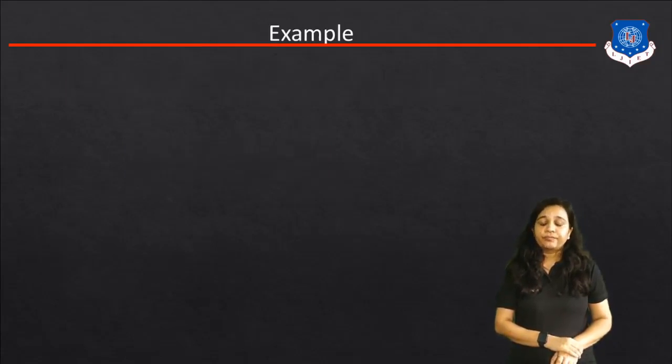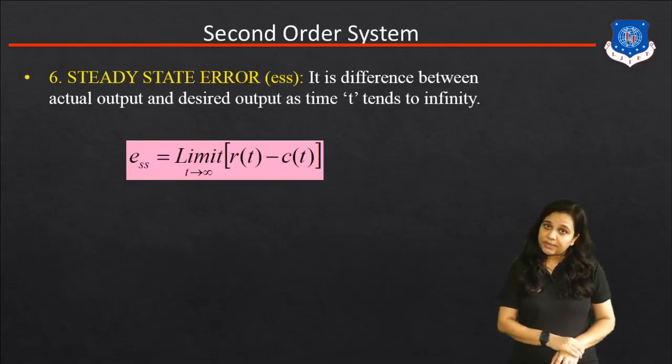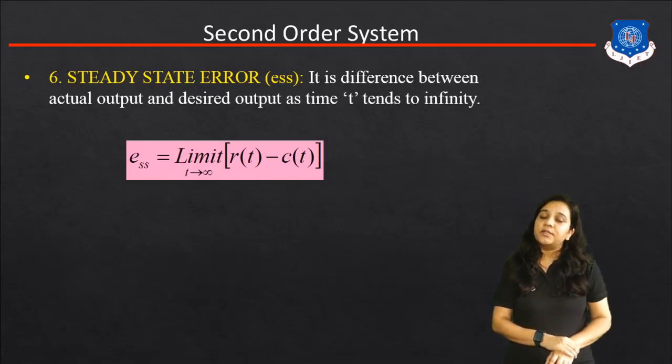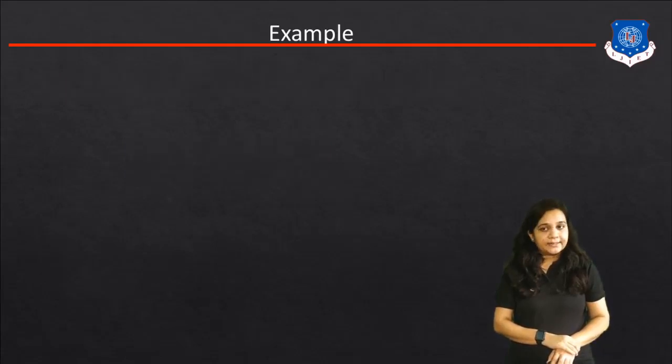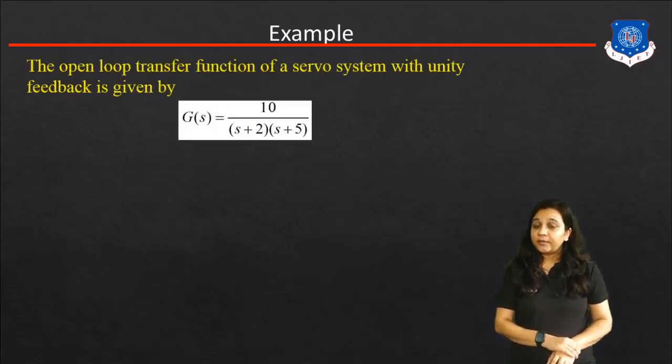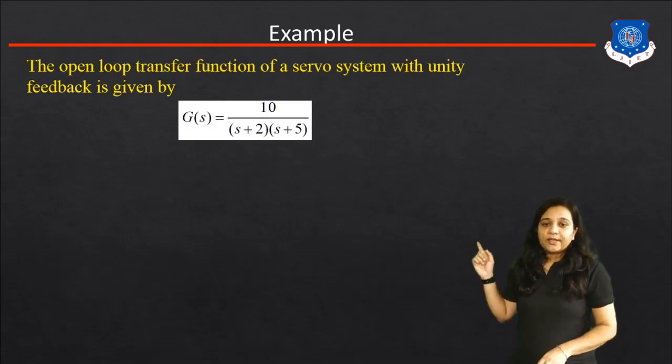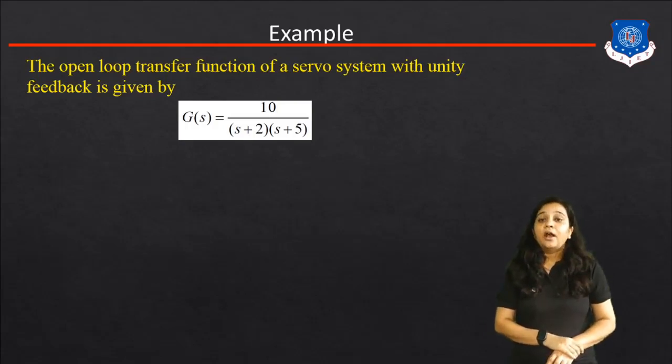So using these different equations, we can find out the damping ratio, natural frequency, rise time, peak overshoot, and the settling time. We can take one example. The open loop transfer function of a servo system with unity feedback is given by G of s is equal to 10 upon s plus 2 into s plus 5.